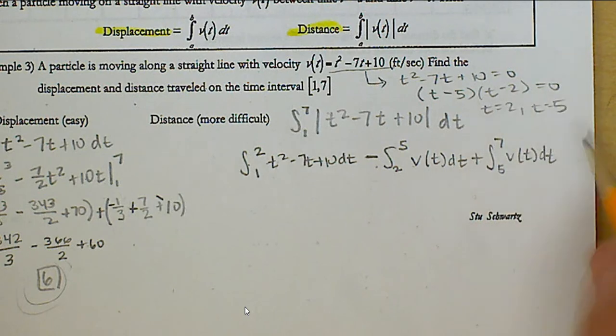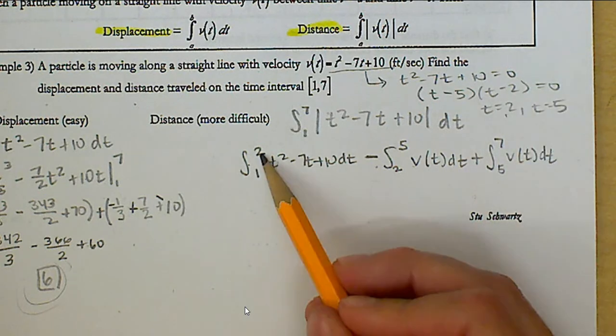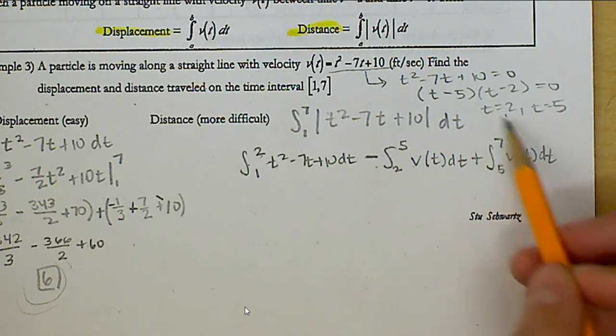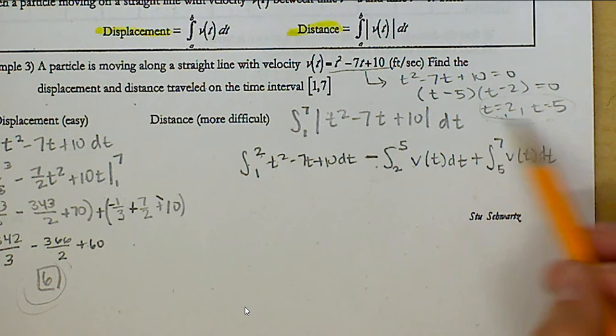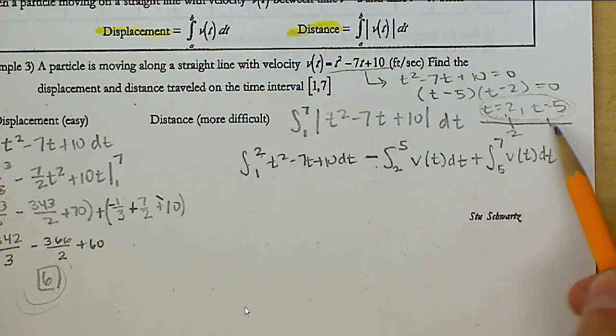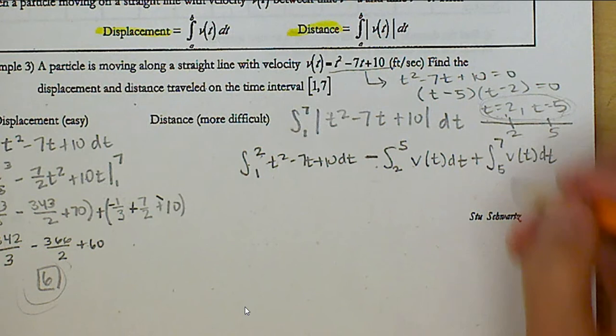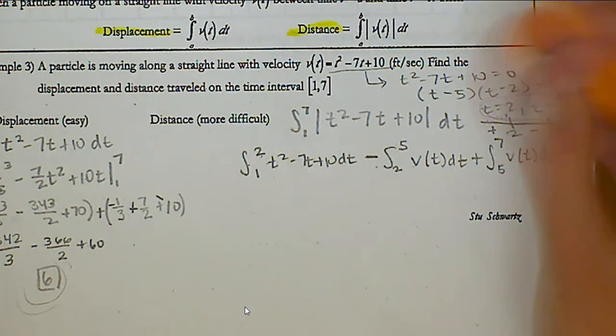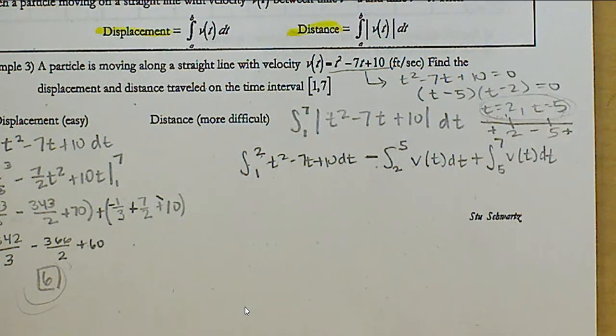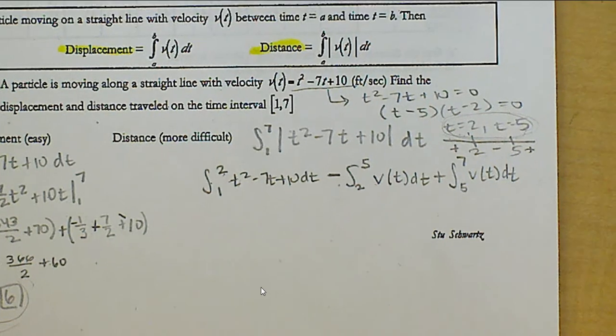And so these are the zeros where it changes from positive to negative, and you would have to figure out on which sides of 2 and 5 it is positive and negative, and we just saw that it's positive, negative, positive. So that's the way to do that algebraically if you don't know what the graph looks like.